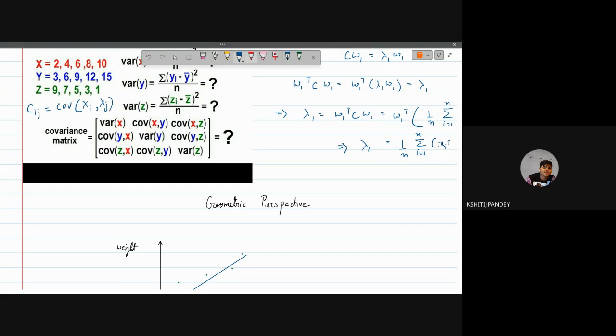So this is your covariance matrix. All the elements are nothing but the covariance of each pair. So what is this actually? This is the covariance of x1 with x1, so it is variance. Similarly, this is the matrix. So is the idea of covariance matrix clear?